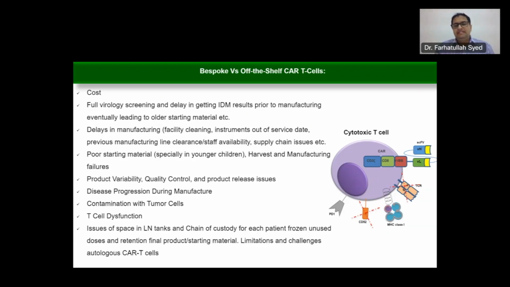You can precisely make a point mutation in these T cells for alloreactive molecules such as TCR, MHC class 1, or for CD52, for alemtuzumab, to resist the alemtuzumab chemotherapy for the patient. So this kind of modification we can make for CAR T cells to make the off-the-shelf CAR T cells. I will give you the best example.